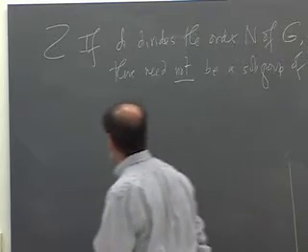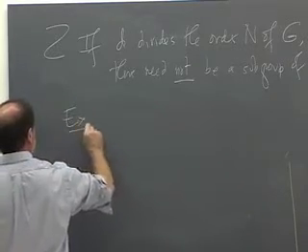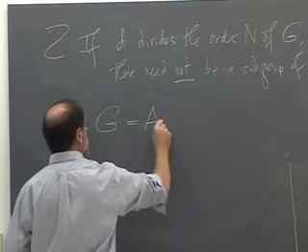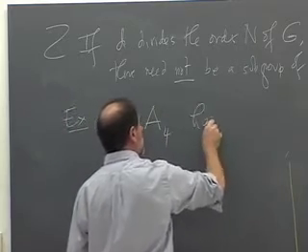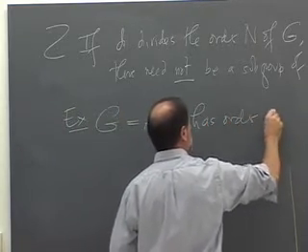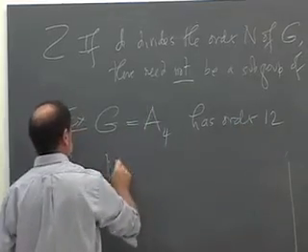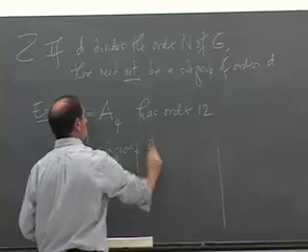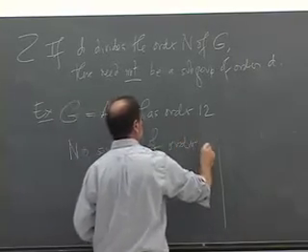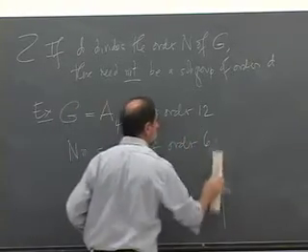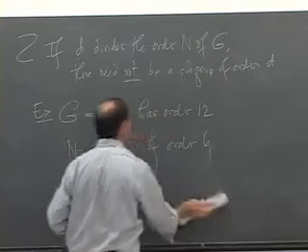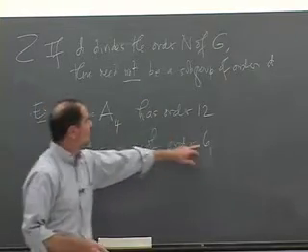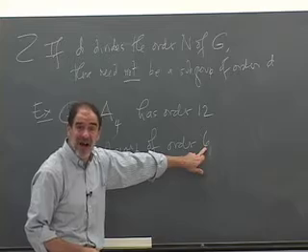As an example, if you take G to be the alternating group on 4 letters, it has order 12, but it has no subgroup of order 6.